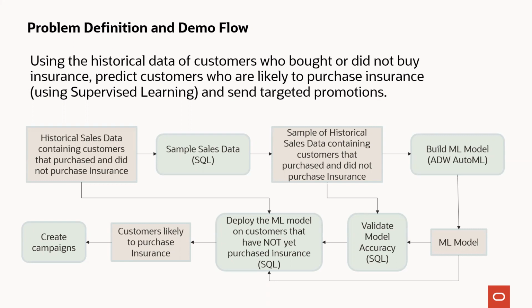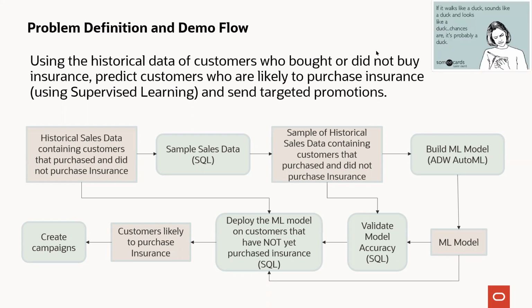And that is used for creating the machine learning model. So think of it like this, right? This is a good analogy I can think of. If it walks like a duck, sounds like a duck, and looks like a duck, it's very likely that it is a duck, right? There's high probability.